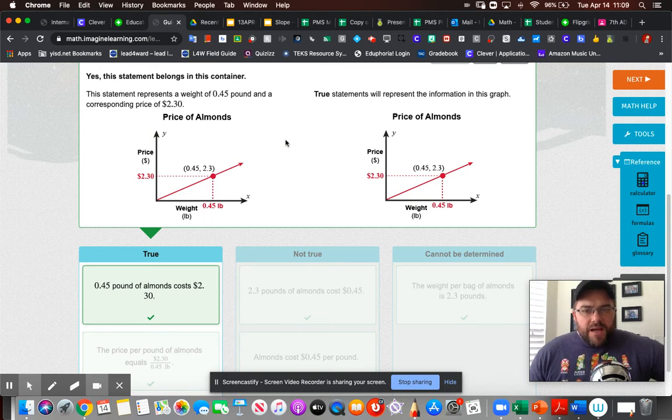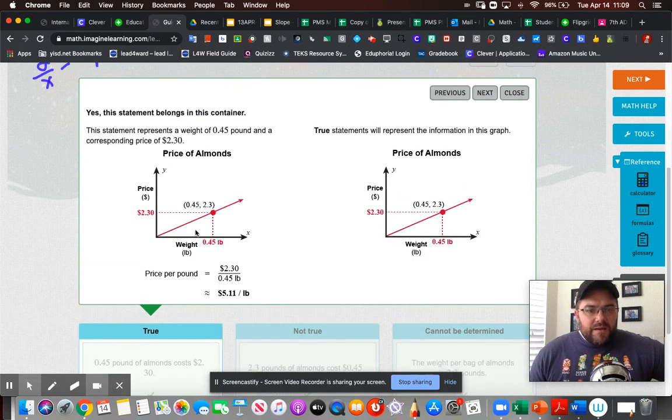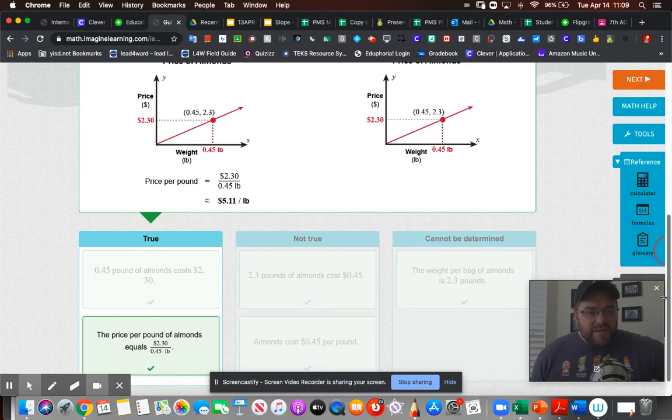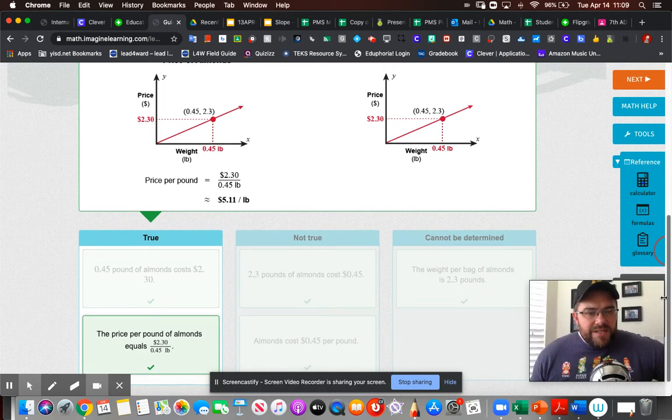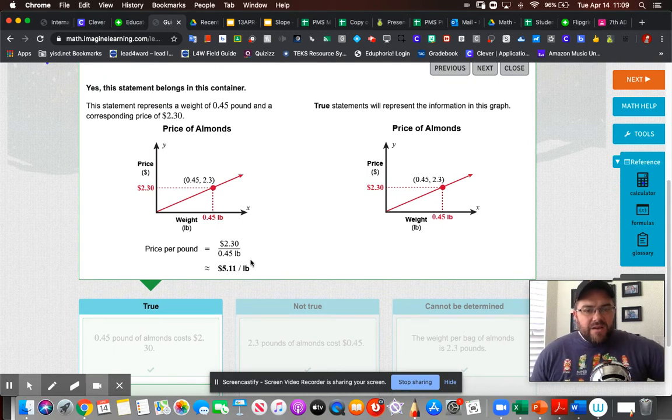True statements will represent the information on the graph. The next statement that was true was that the price per pound of almonds is equal to $2.30 divided by 0.45. And remember, we actually did that on the calculator.